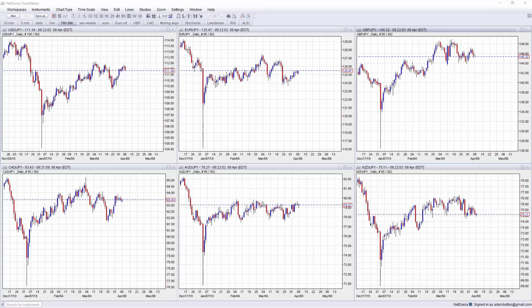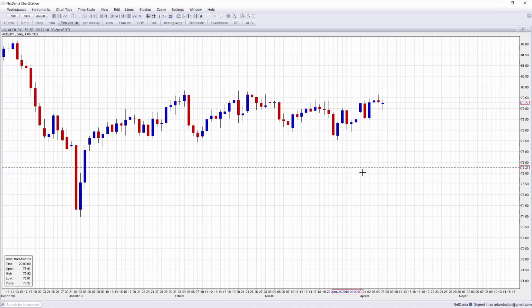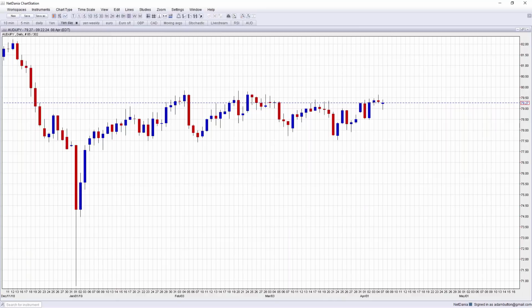Chinese data has been ticking higher. I think it's Chinese trade on Friday, so that's probably going to be the most important data point of the week, although you could probably argue it's bad, it's just a trade war skew. The one that I'm really watching to capture that overall sentiment is Aussie yen, and it's the world's most boring chart right now. Here it is since the start of the year.